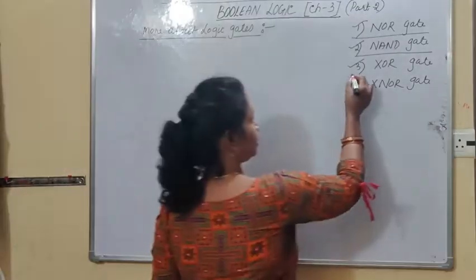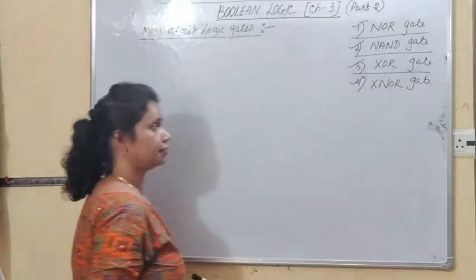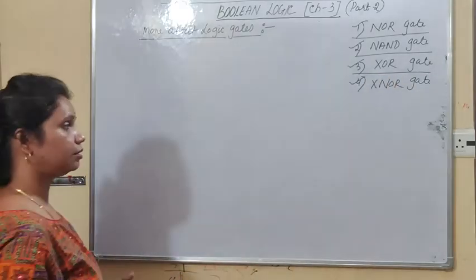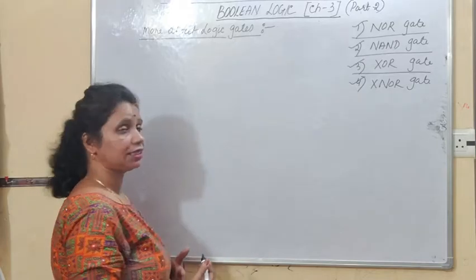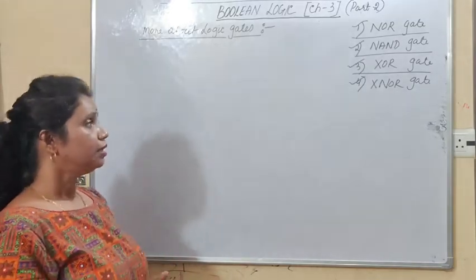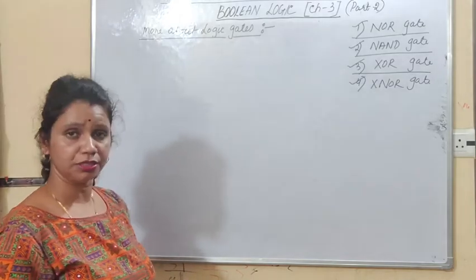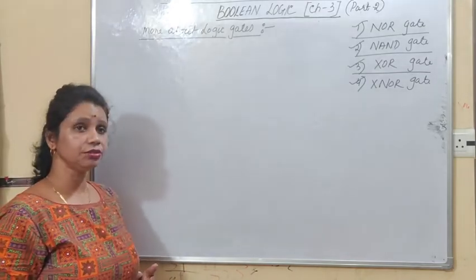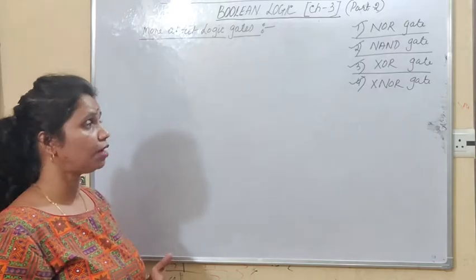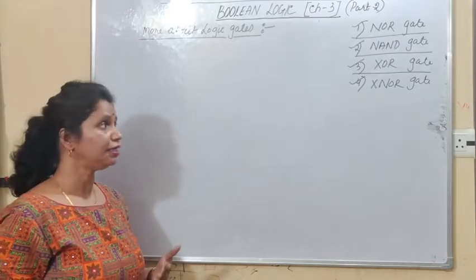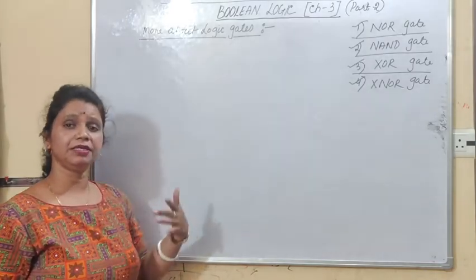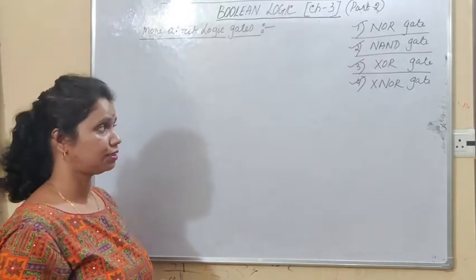Okay, students, now we will discuss exclusive OR gate. In short, you can write XOR gate, but you can read it as exclusive OR gate. Exclusive OR gate operates on two or more input signals, and it produces the output as 1 if and only if the input combination has an odd number of ones, right?